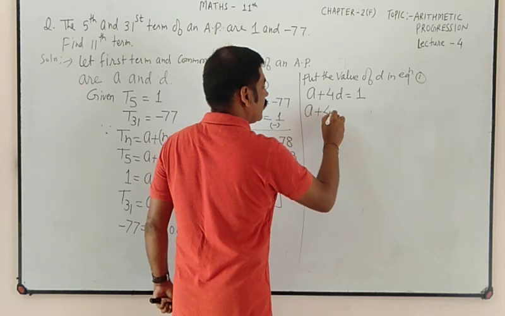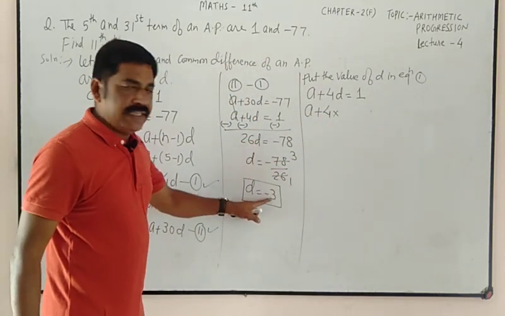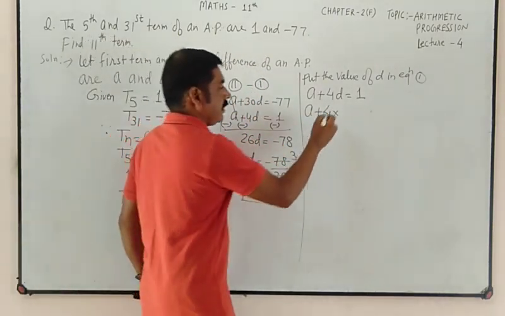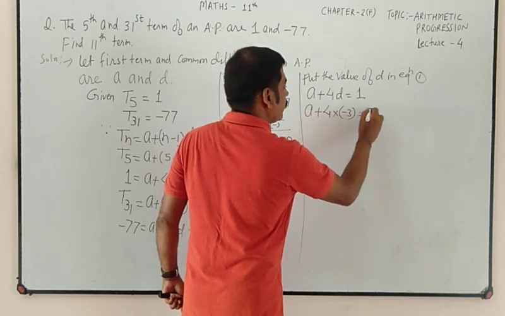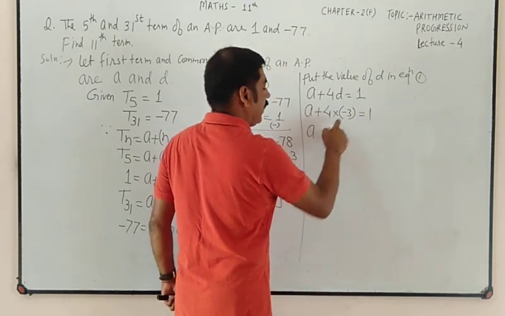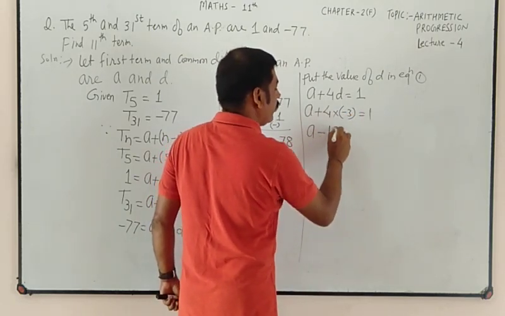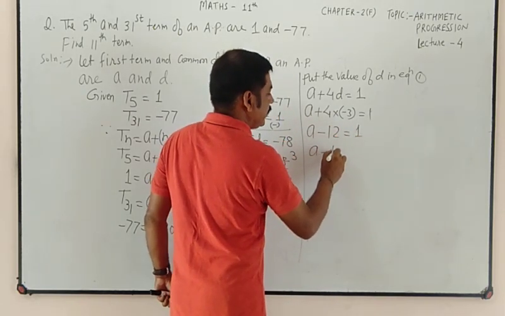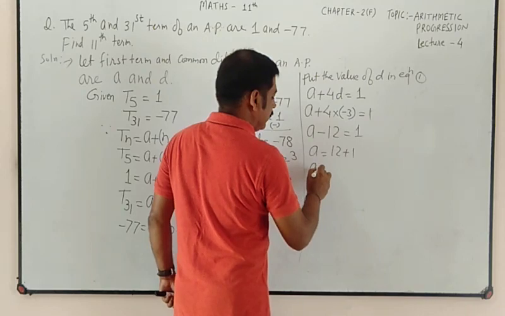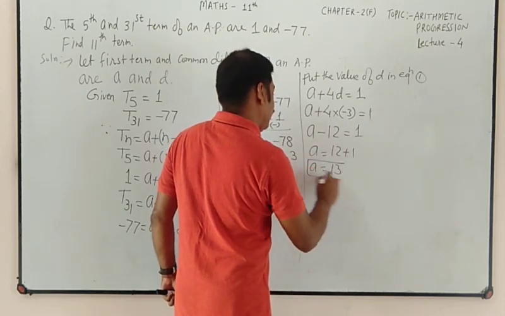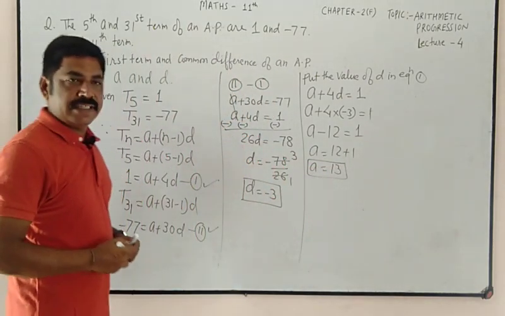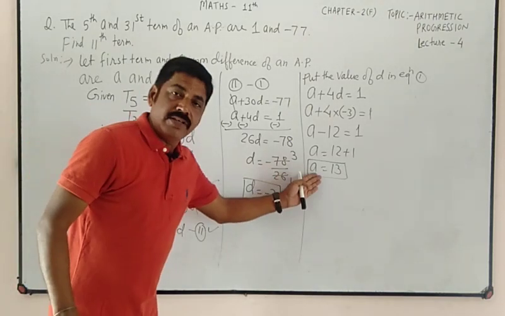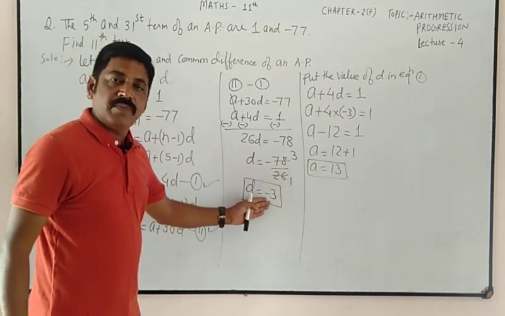So a plus 4, the value of d is -3, equals 1. So a plus minus 4 3s are 12 is equal to 1. So a is equal to 12 plus 1. Hence a is equal to 13. Now we have a is equal to 13 and d is equal to minus 3.